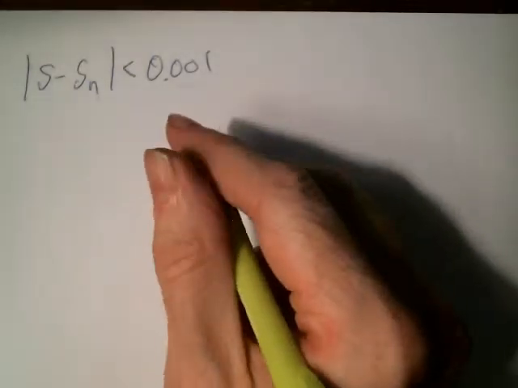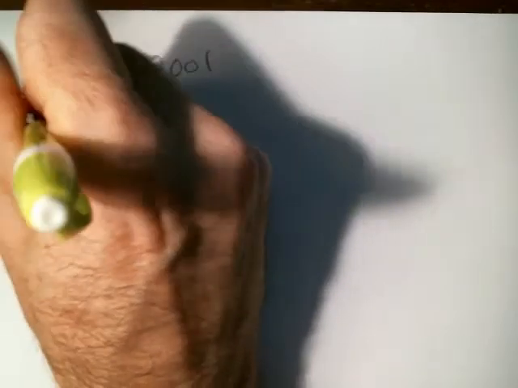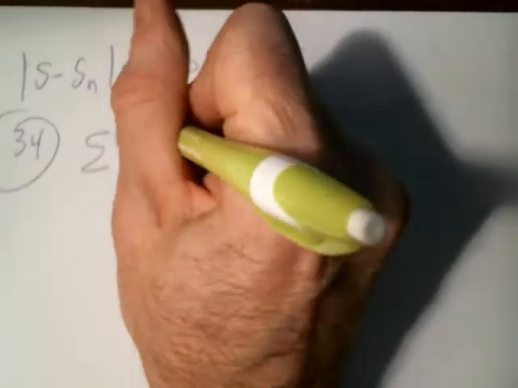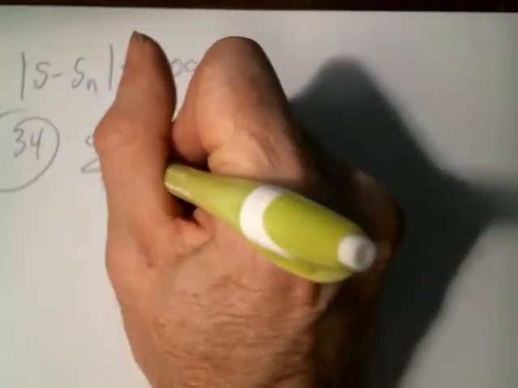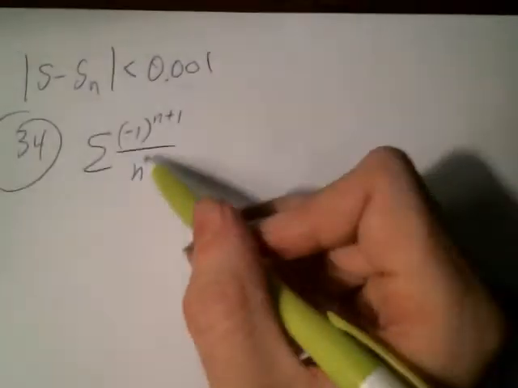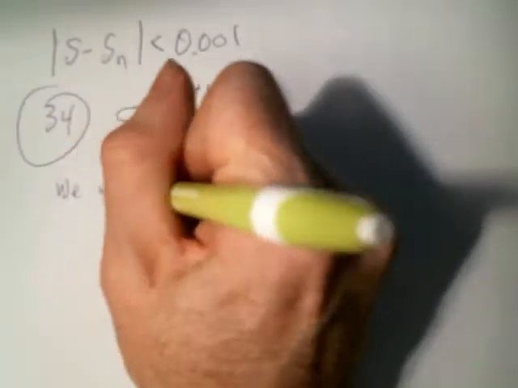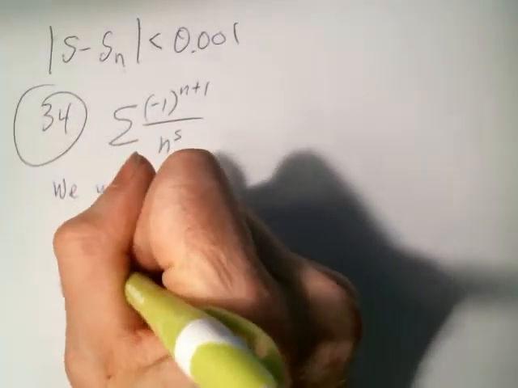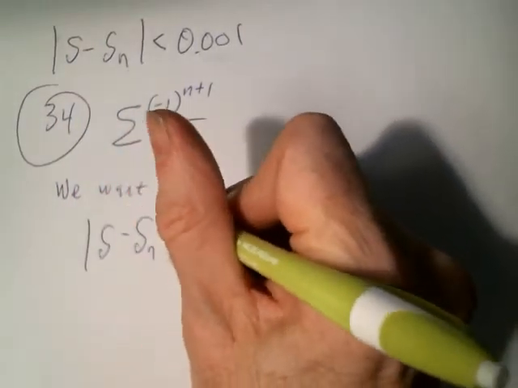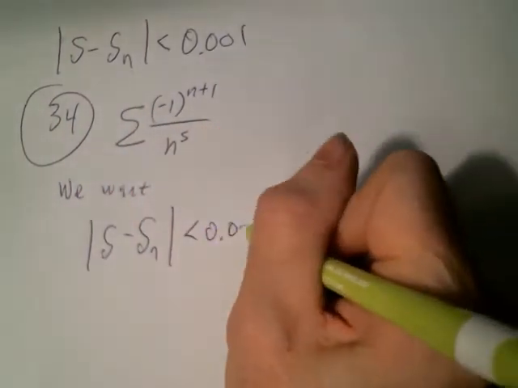Okay, so how do I do that? Number 34. I have the series of (-1)^(n+1) over n to the 5th. Let's presume this thing converges. I'll just take it under assumption. What do we want? We want s minus s sub n to be less than 0.001.